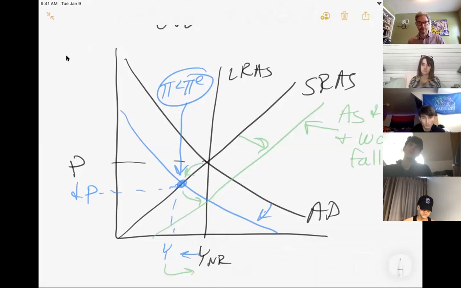And that gap between output and the natural rate of output begins to go back. That's what I mean by the recessionary gap closes. Output fell down here, and now it gradually moves back to the natural rate as wages and expected inflation adjust.